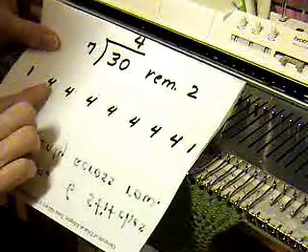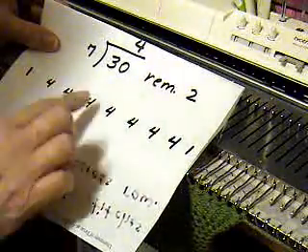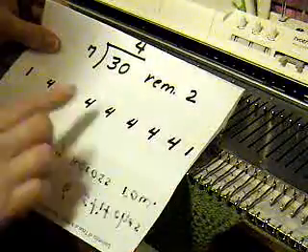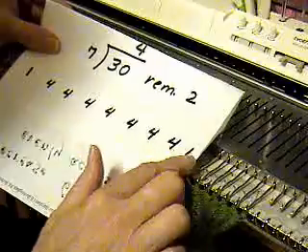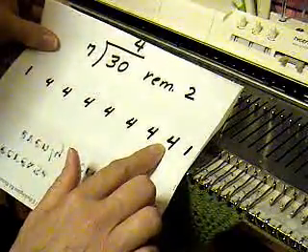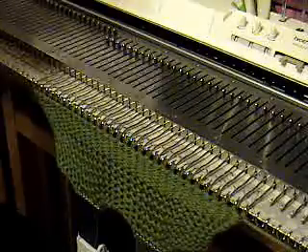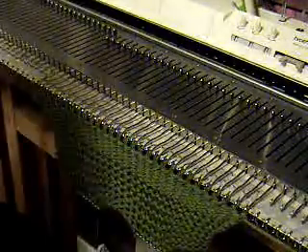So here are my 7 groups that would be where the decreases are. They go in between them, but I'm going to have an extra stitch on the 2 ends. So that means this end group will be a group of 5, and this end group will be a group of 5. Now I'll just do the decreases right on the knitting machine before I do any moving around with the garter bar.